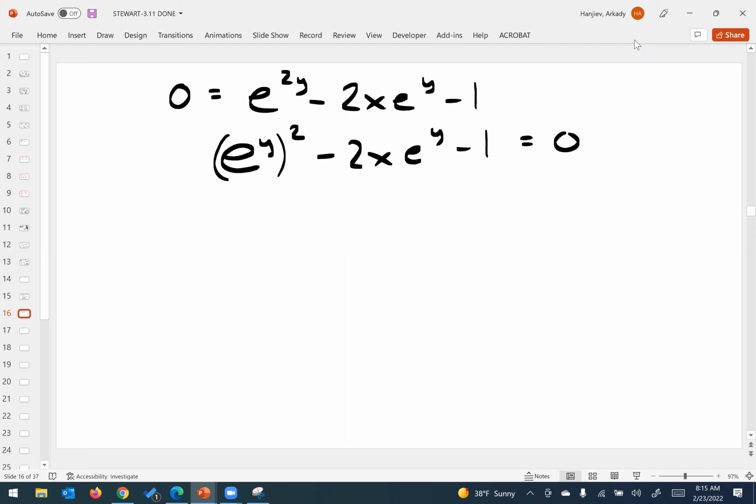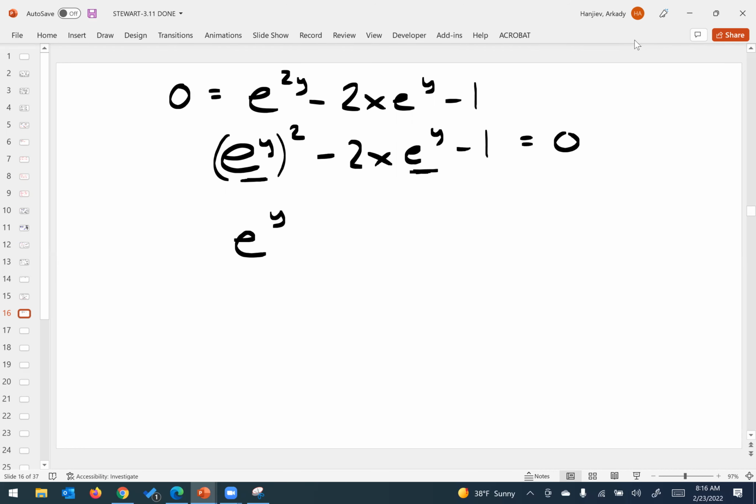And so let's see, does this look like a quadratic formula? Yeah, it looks like something squared, right? Minus that 2x is our multiplier, but here's our variable. Our variable is this e to the y. So something to the second power, something to the first power, and then a constant. And so what we can do, we have ourselves the quadratic formula.